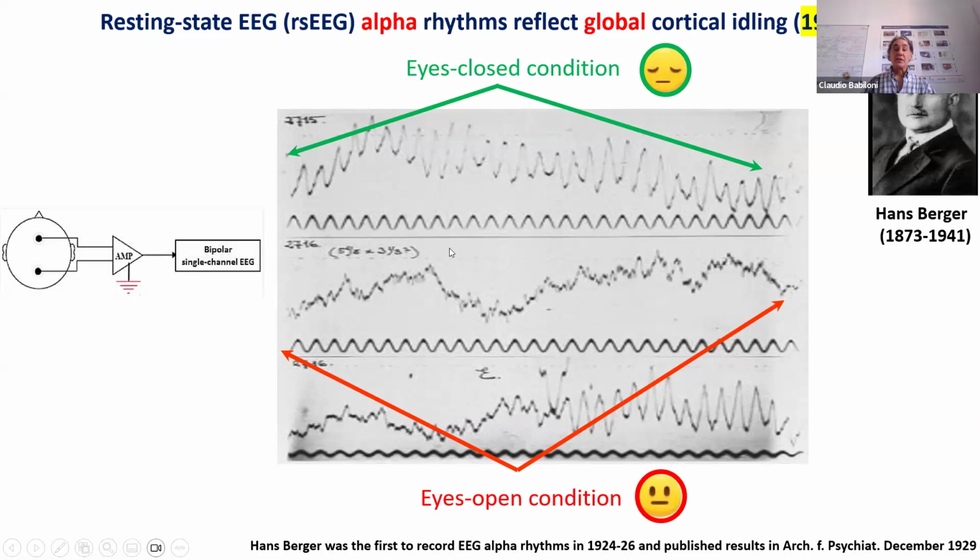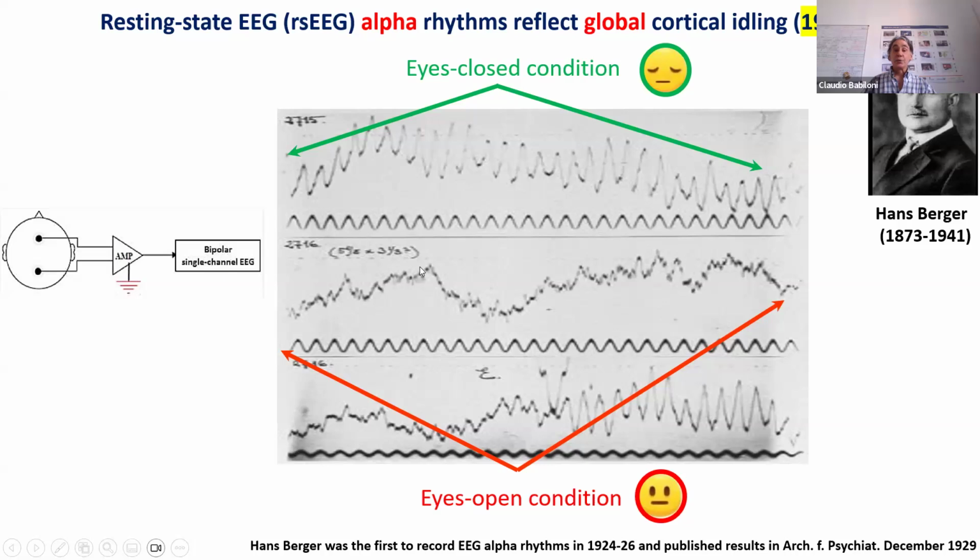Based on these results, Hans Berger named alpha rhythms the ample oscillation at 10 Hz. And he related these ample oscillations to the idling state of mental activity during wakefulness, quiet vigilance.